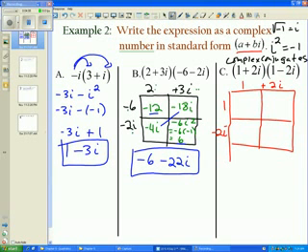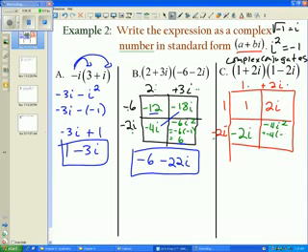I draw my box. 1 times 1 is 1. 1 times 2i is 2i. 1 times negative 2i is negative 2i. 2i times negative 2i is negative 4i squared.